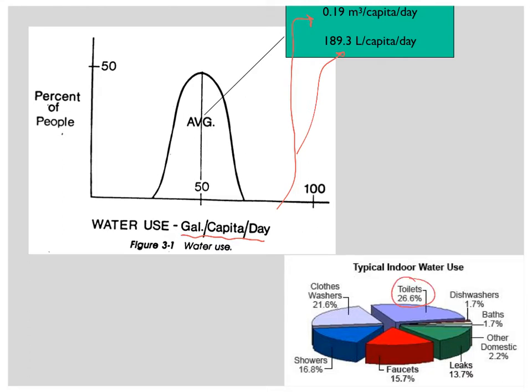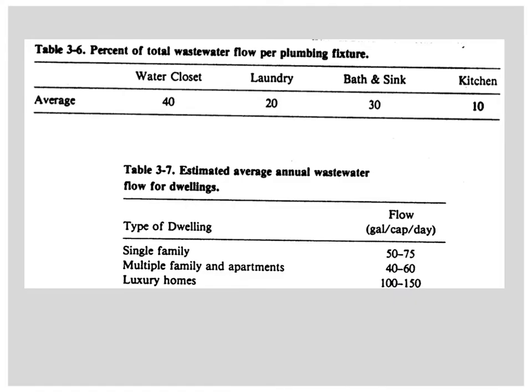How that water is used is very location specific, but essentially a good chunk of it goes down the toilet. A lot of it is used for clothes washing, a little bit less for showering, faucets, and so on. So we could think about where the different sources for that water are as it goes into the local wastewater treatment system. This is the same idea, but in a tabular format, where we've got a water closet, which would literally be a toilet, at 40% of the use, laundry is 20%, bath and sink 30%, kitchen 10%.